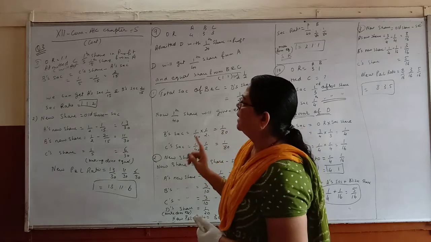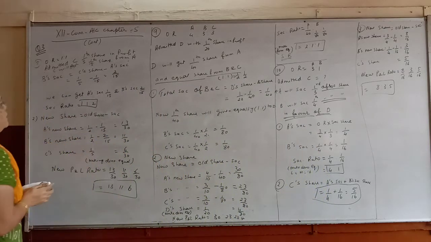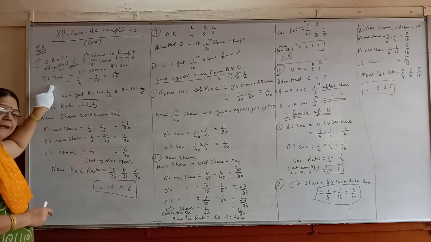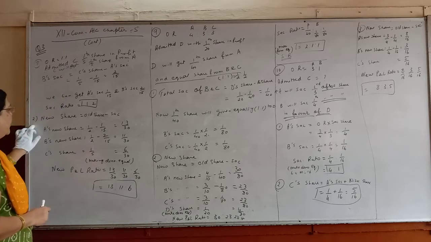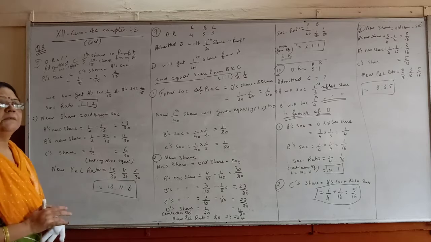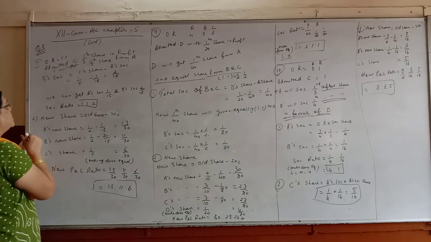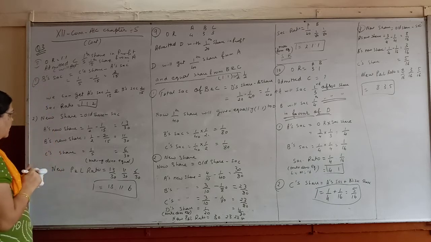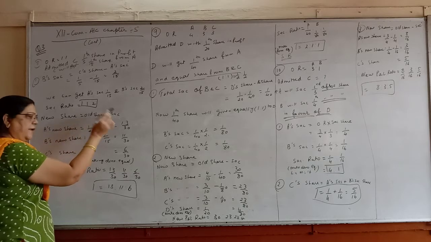So this is the heading: when the remaining partners sacrifice, we have to find out. The first point is that new share equals old share minus sacrifice.